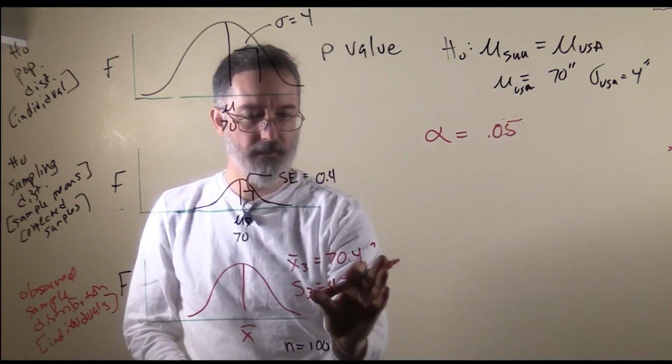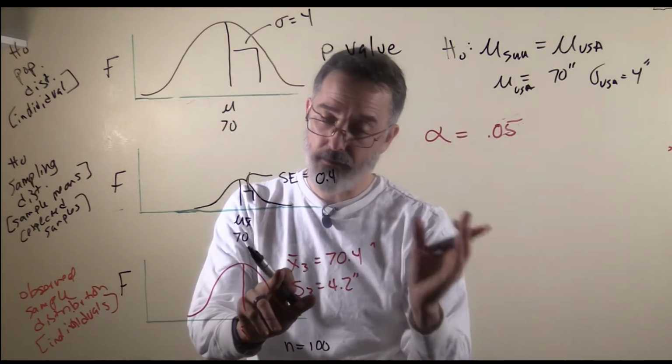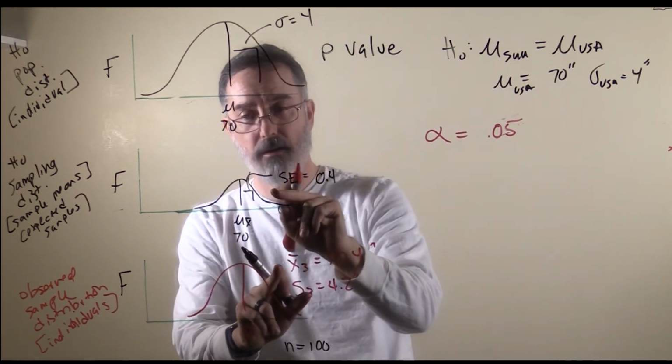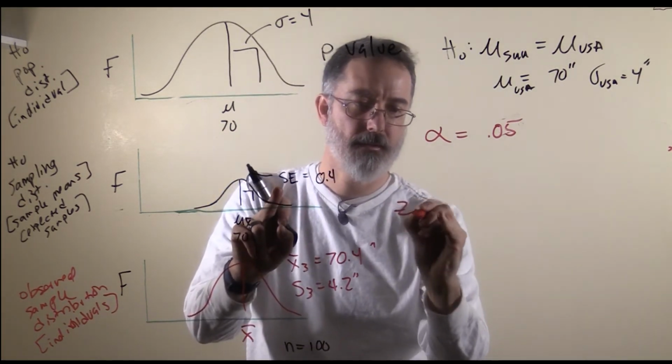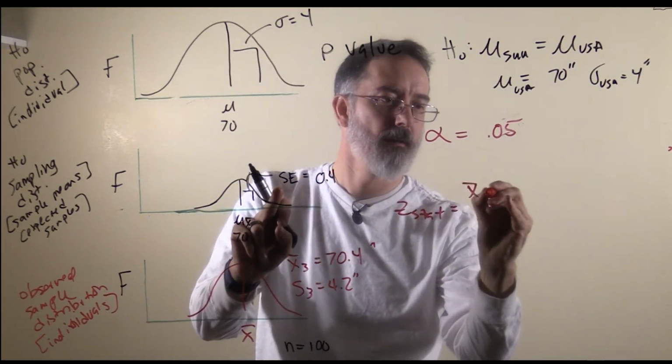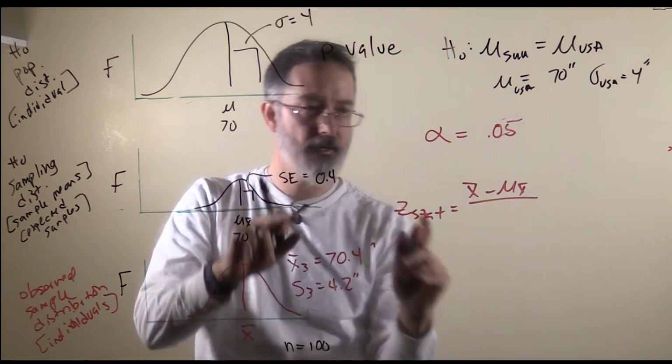Right, so we want to calculate the p-value for this observed sample. So again, we need to calculate its z-score on the sampling distribution. The z-score on the sampling distribution is called a z-statistic. And we want to calculate how many standard deviations our sample mean is away from the mean on this distribution.